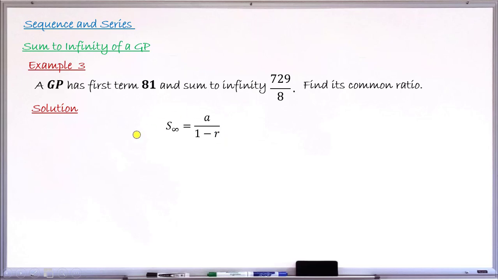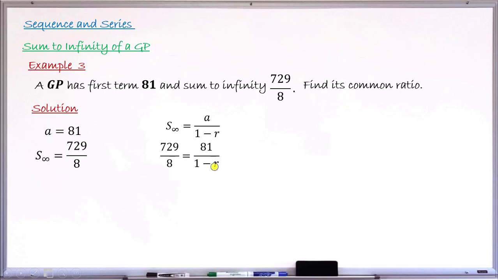From the question, I have my a, the first term, which is 81, and the sum to infinity is also given in the question, 729 over 8. So I'll now substitute this, to enable me to get this r, the common ratio. Substituting correctly, you now have 729 all over 8, instead of S infinity, equals a, which is 81, over 1 minus r.